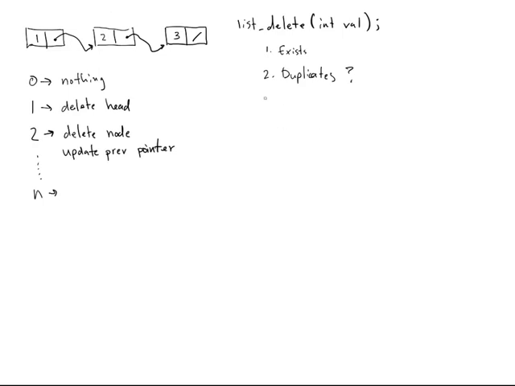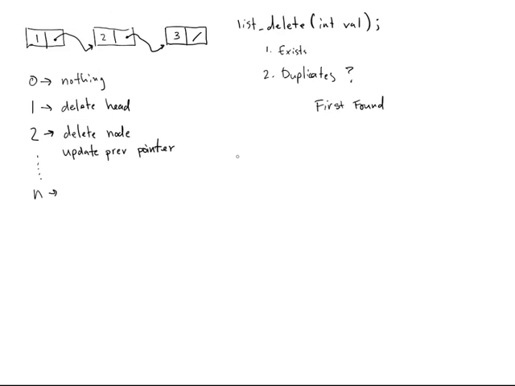Well, for my implementation, I'm actually going to delete the first one found. So that'll just make it a little simpler. And those are really the 2 conditions that we need: if it exists in there or not, and duplicates. If it doesn't exist, obviously we'll do nothing.